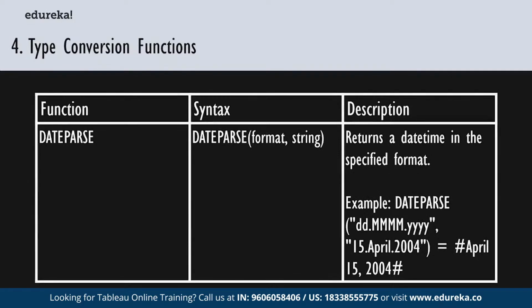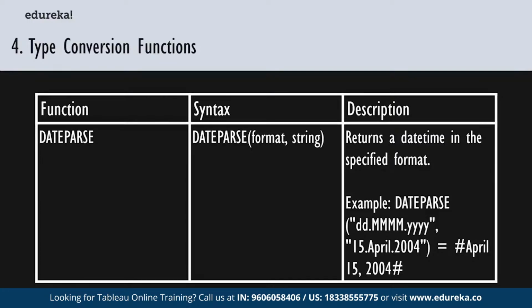Now we have date parse. What this does is it converts a string to a date time in the specified format. Letters that appear in the data and do not need to be parsed should be surrounded by single quotes. And for formats that do not have delimiters in between them, such as hyphens, slashes and dots, verify that they are parsed as expected. The format must be a constant string, not a field value.